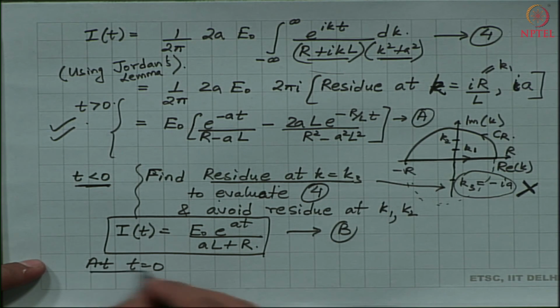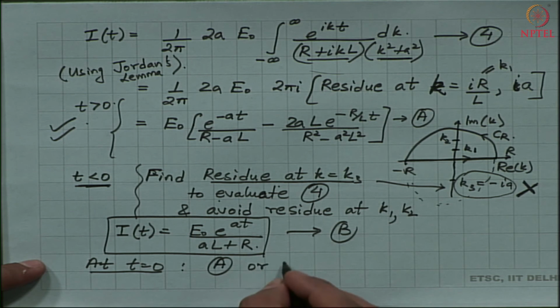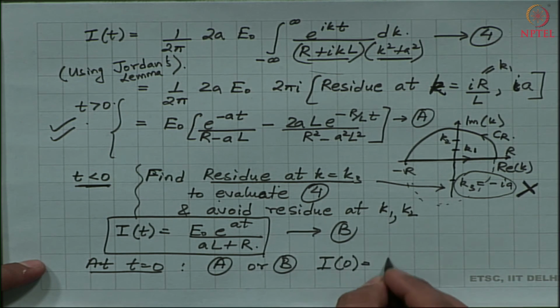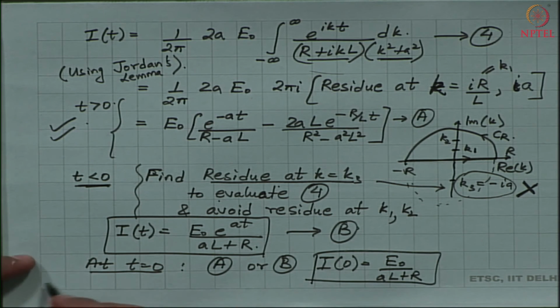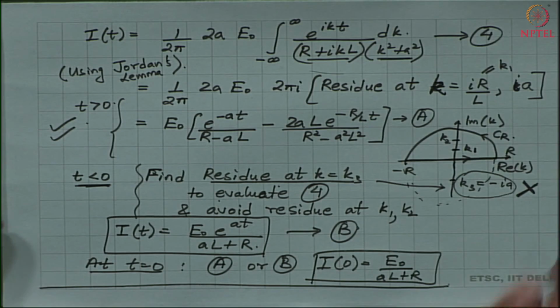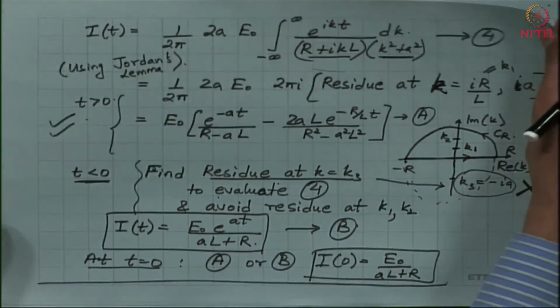So, at t equal to 0, you can check that for either a or b, my I(0) comes out to be the same constant. Whether you want to evaluate it from a or from b, it will come out to be the same. Okay. So, that completes my problem here. So, let us proceed to look at some more complicated examples.